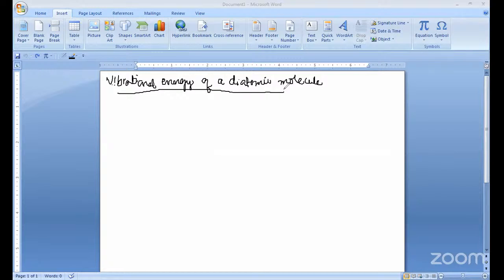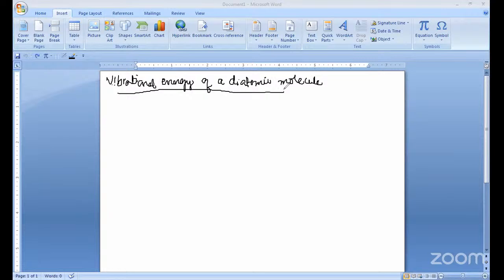As we said, the vibrational spectra arise only for heteronuclear molecules, and whenever they are vibrating, the vibrating molecule is accompanied by an oscillating dipole moment. Whenever it is oscillating, we can take it as a harmonic oscillator.